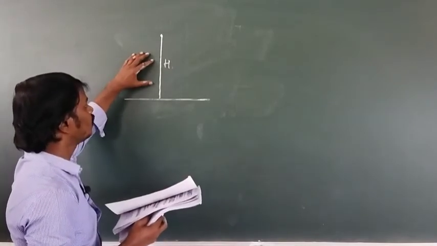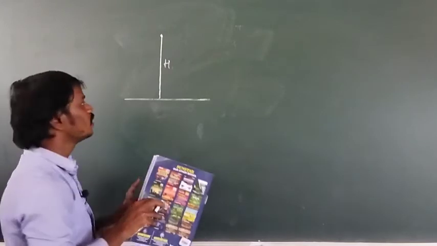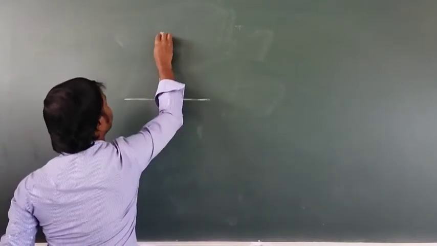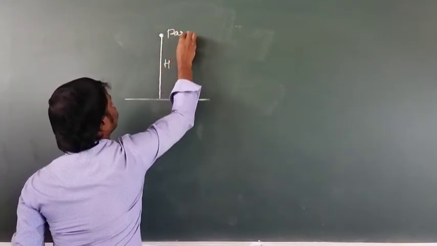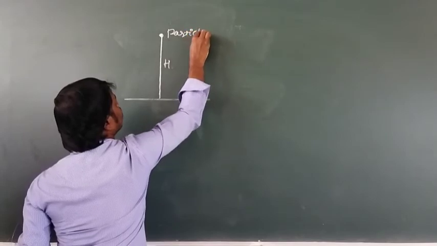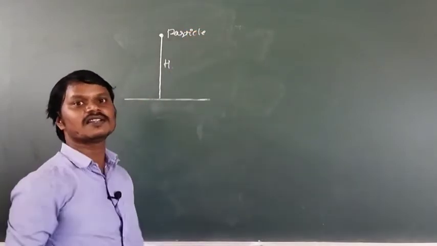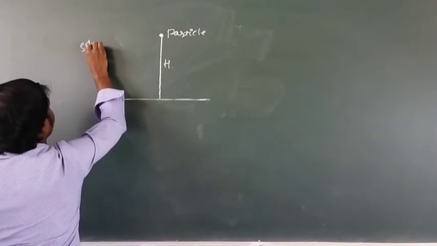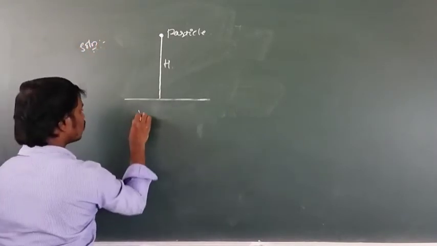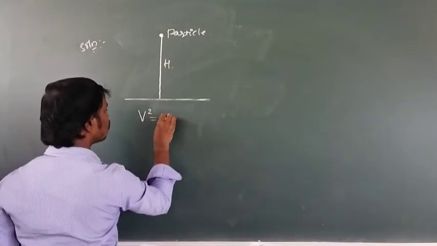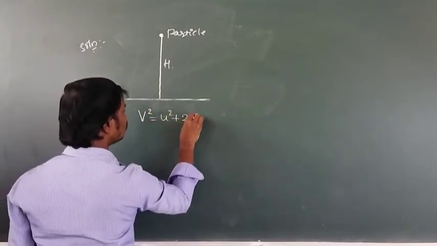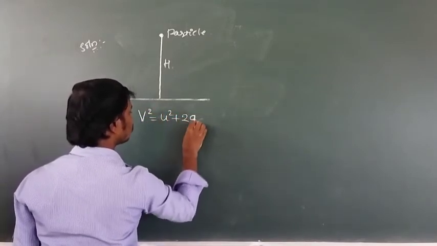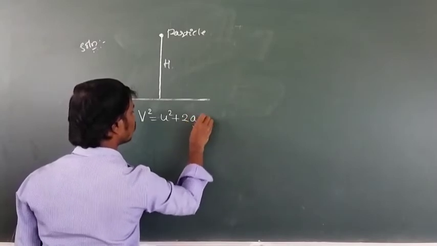Then how does the de Broglie wavelength depend on height? See here, this is the particle. Initially this particle is at rest, then its initial velocity is 0. Then by using kinematic equations, what is the kinematic equation? V square is equal to u square plus 2as.